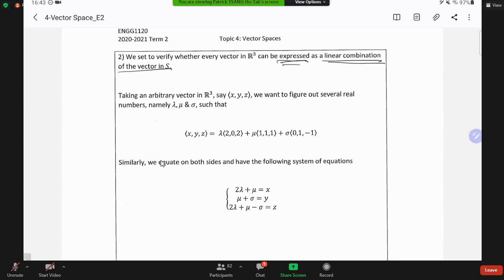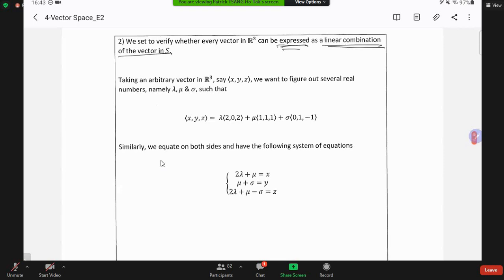Let's see how we are going to tackle this part. Suppose there is an arbitrary vector in R3 space. Arbitrary means that I randomly pick one, in general, without loss of generality.